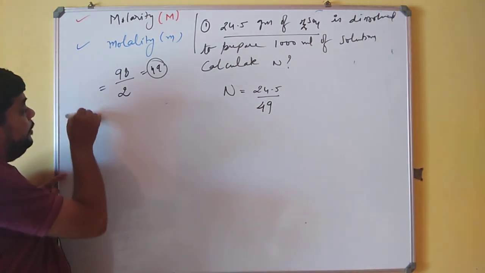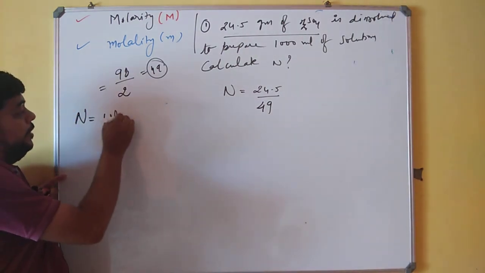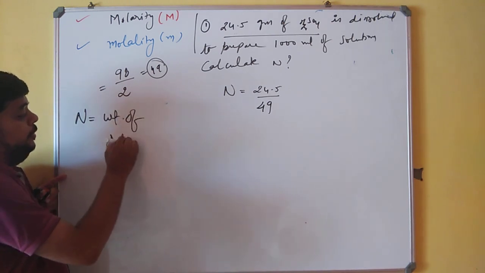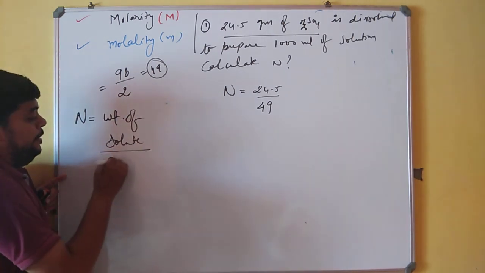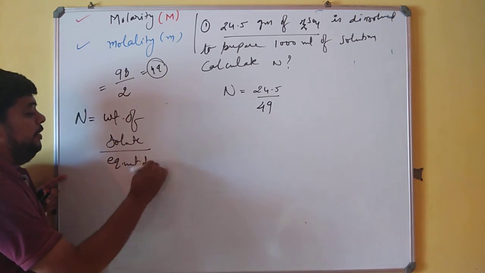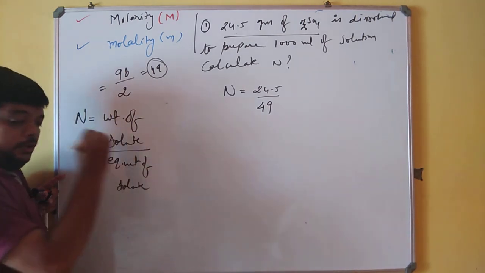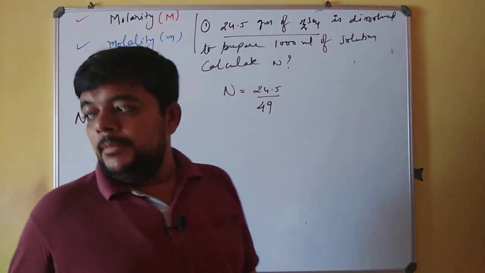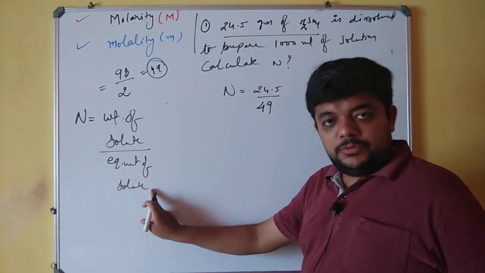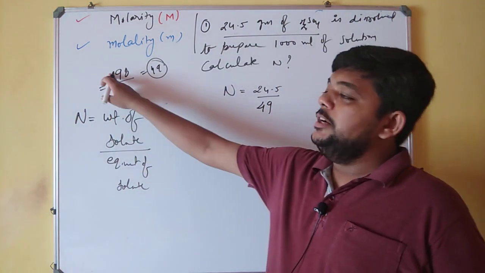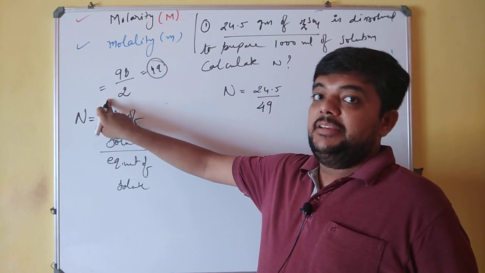I am writing it again over here. Have a look. Weight of solute divided by equivalent weight of solute. See this carefully. Whenever I say equivalent weight of solute, it is molecular weight divided by basicity for an acid.